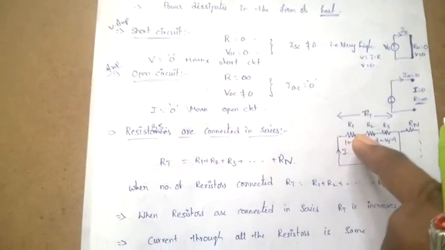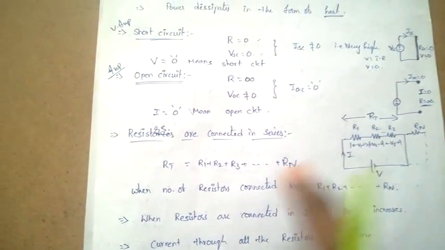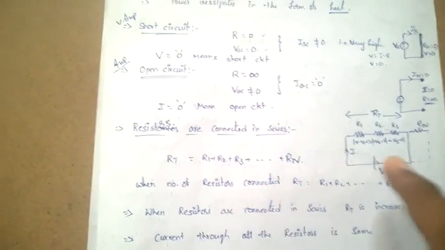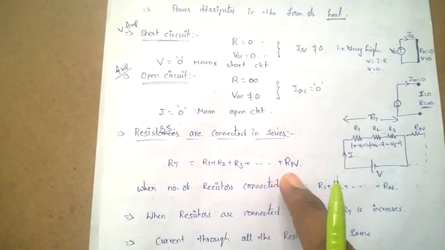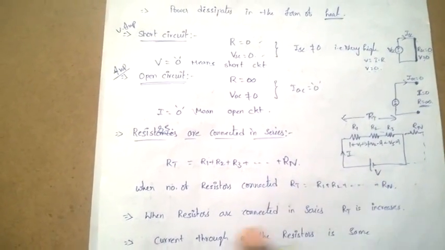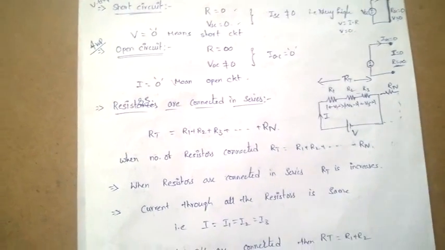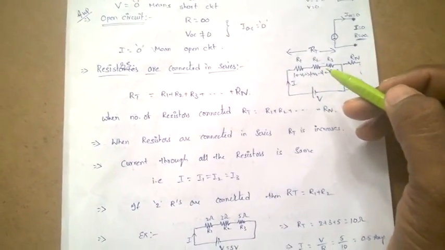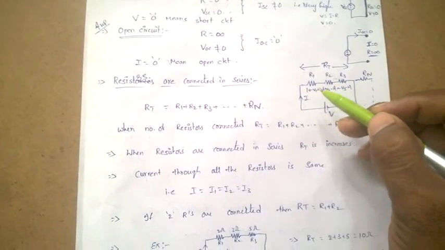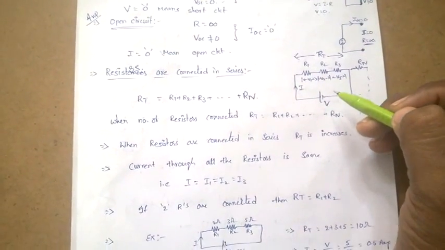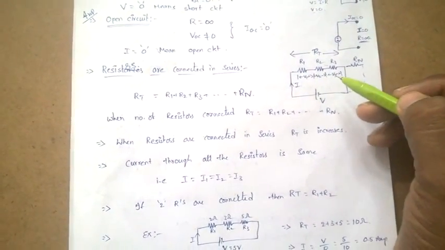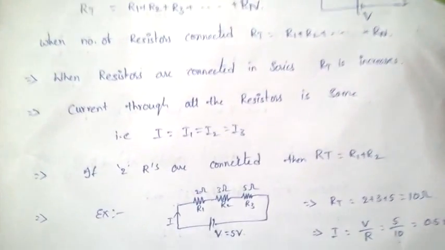When resistors are connected in series, the total resistance increases, and the current through all these resistors is the same.